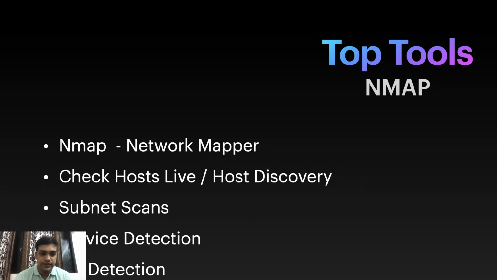Nmap also gives the powerful port knocking feature, wherein we can identify the port status, whether they are open, filtered, closed, and also we can knock the ports and make them alive and find vulnerabilities thereafter. So this was about Nmap.